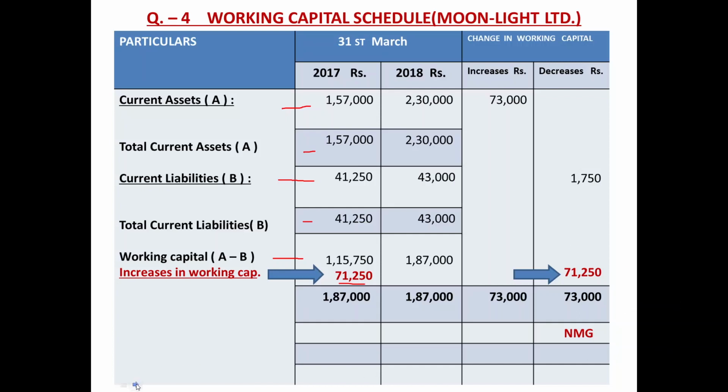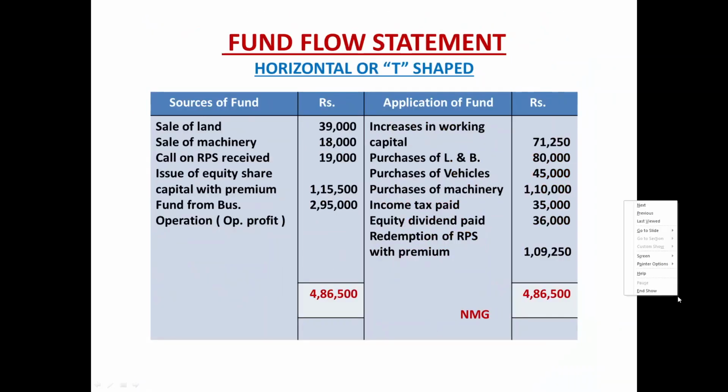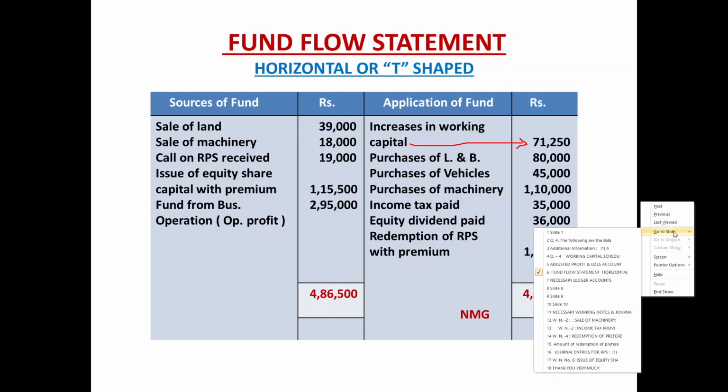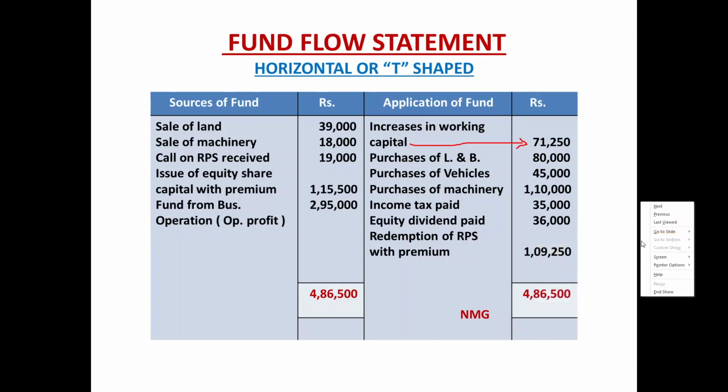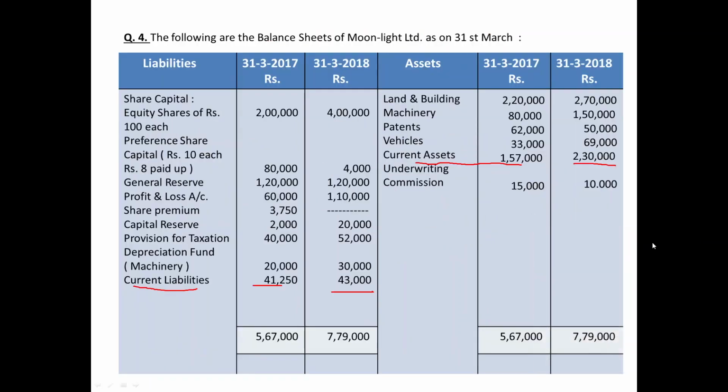Let us report this figure of increase in working capital in the fund flow statement. Increase in working capital indicates application of fund, 71,250. So over here, a block of current assets and current liabilities was given, so the working capital schedule was relatively very simple to prepare.